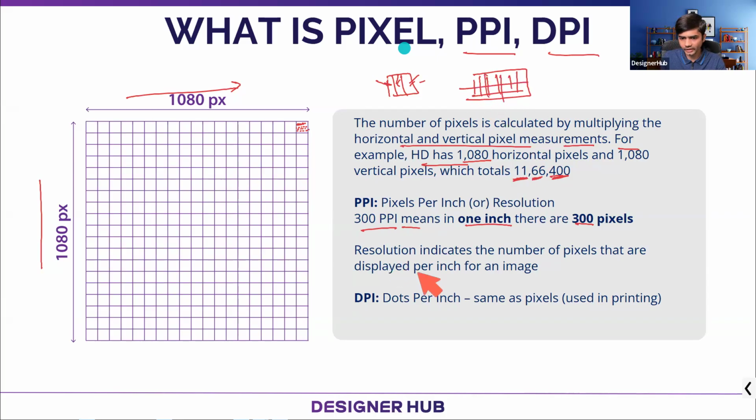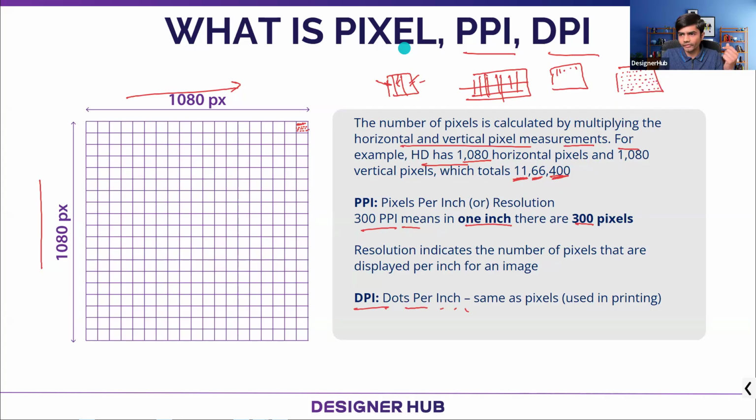That's why they are in DPI, which is dots per inch, which works in the same format. They are not illuminating, but we are trying to put that level of ink with the help of our technology. In an inch there are 300 dots that it has to sprinkle, and that's how the color is formed automatically.